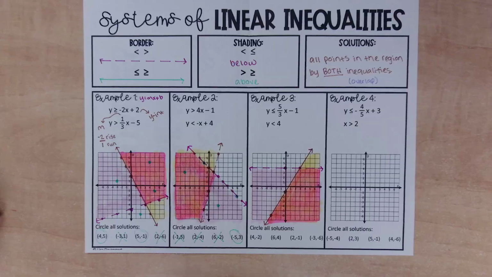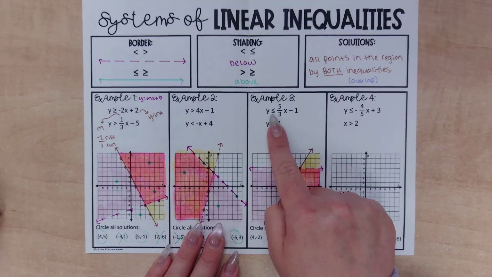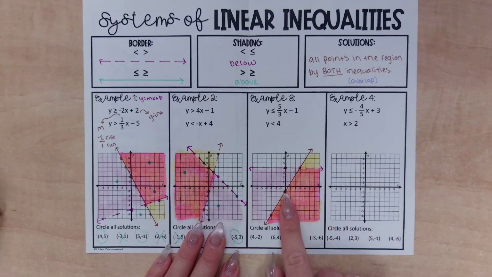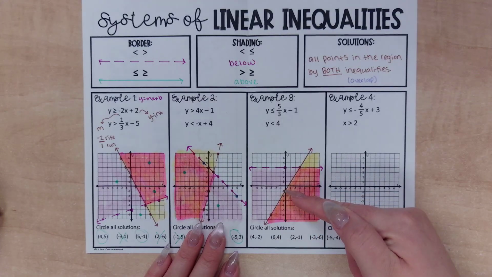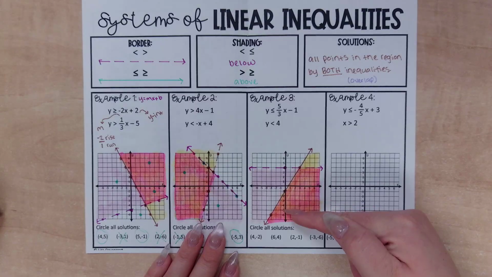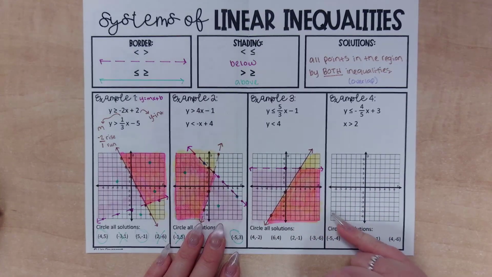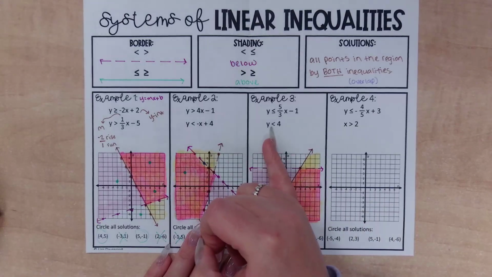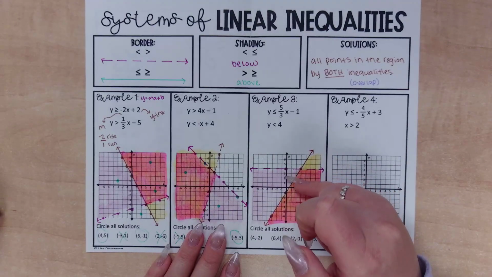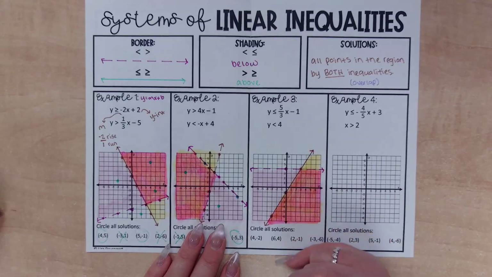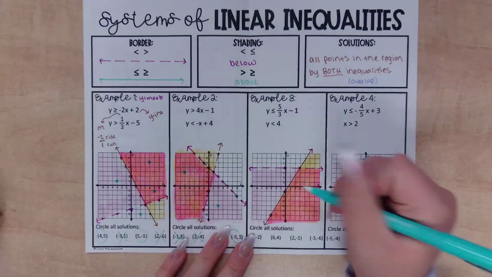Now, with the shading, y is less than or equal to this equation, so I need all of my possible values to be less than, so I'm going to shade below this line. But then I have y is less than 4, meaning that I need y's to also be less than 4, which is why I shaded down. Now we can plot our ordered pairs.